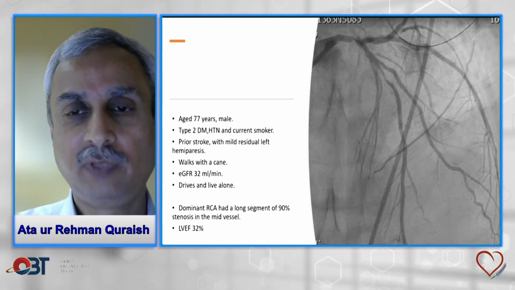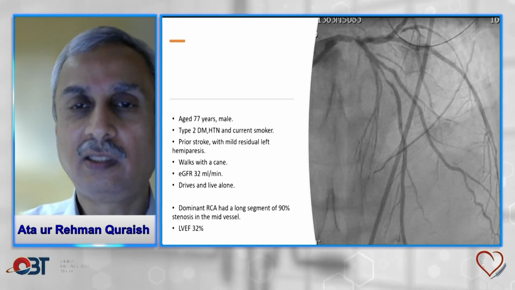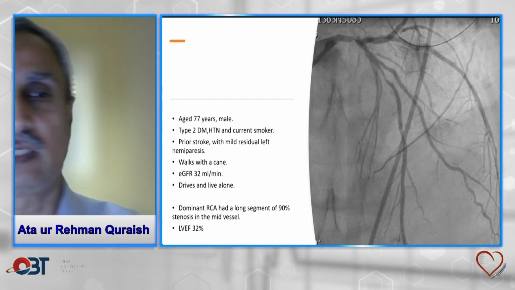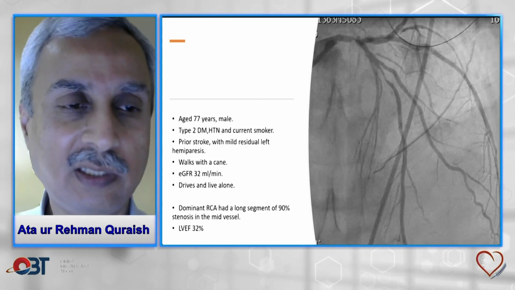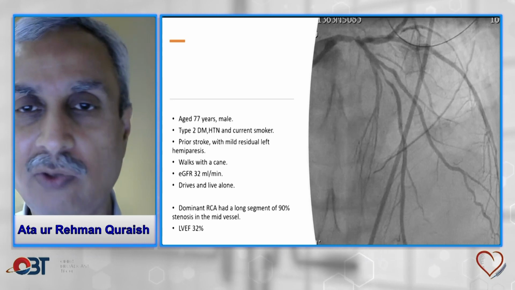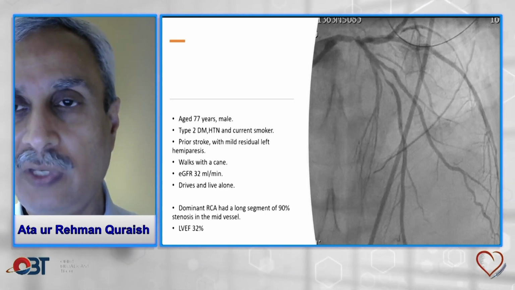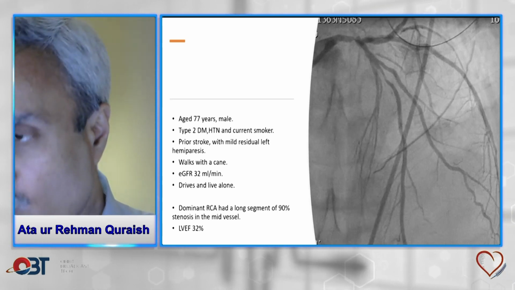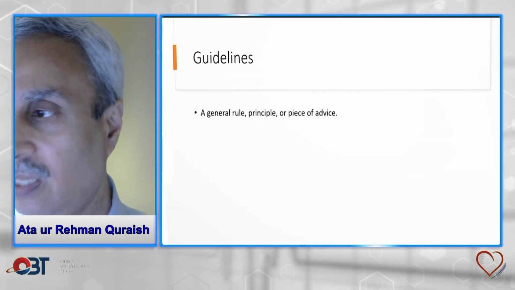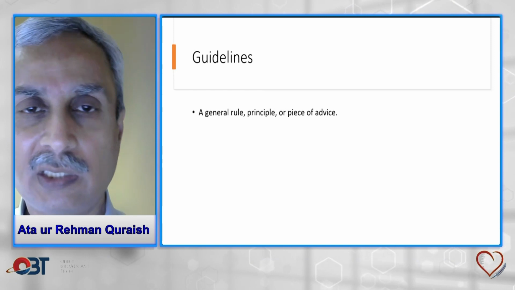So what do guidelines tell us to deal with such kind of patients? It does not fit, and you will see several other examples in real life that may not fit the guidelines. What are guidelines? Guidelines are a general rule, principle, or a piece of advice.